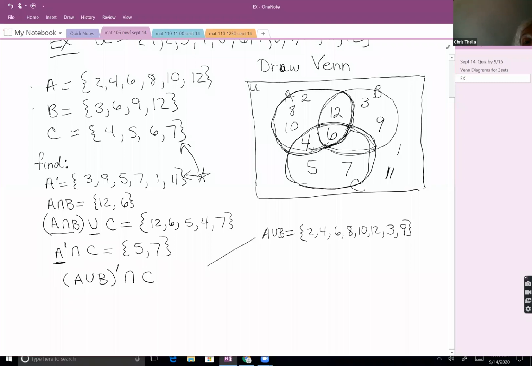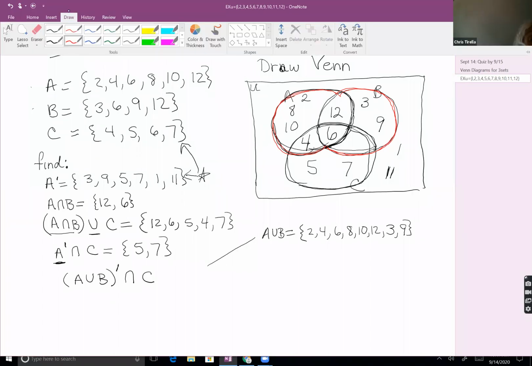A union B, if I were looking at the Venn diagram, is what's in this red kind of sideways snowman part, what's in Mickey's ears. Yes? Okay. So now, it's just 5 and 7 again.